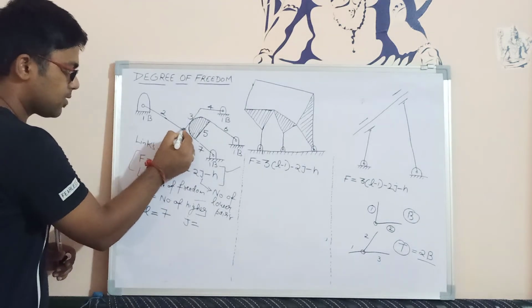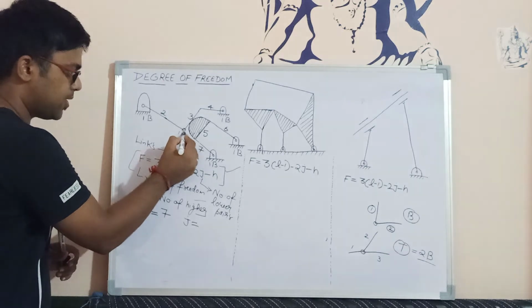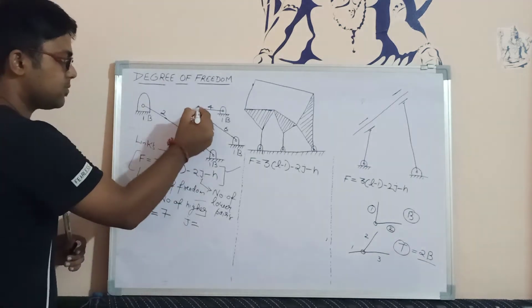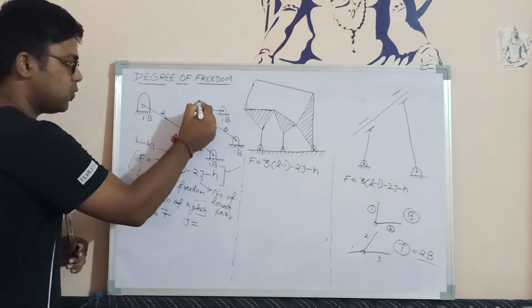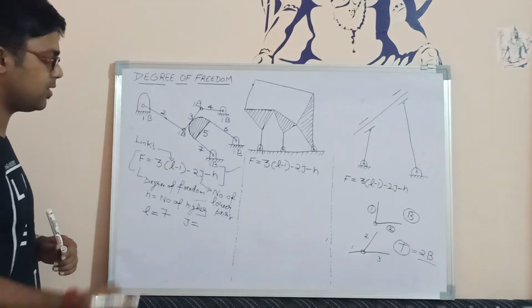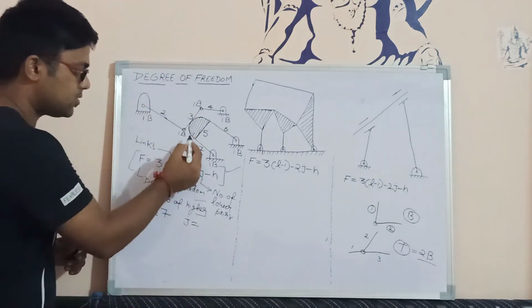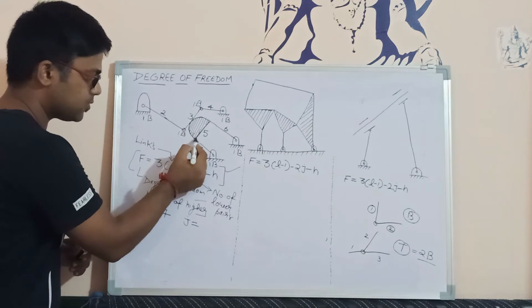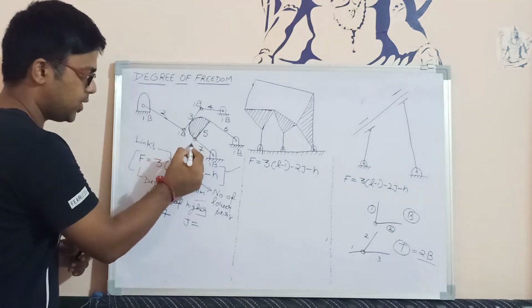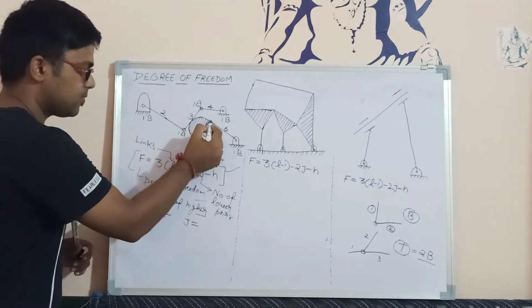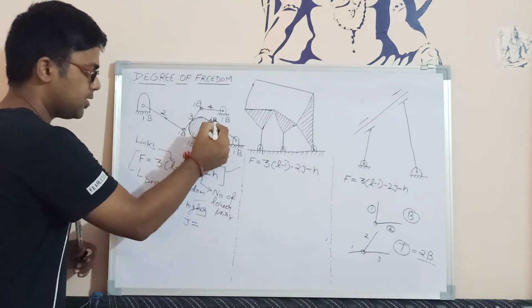For this again is a binary joint, 5th one, 6th one. After that, this is entirely behaving like one link, so this is again a joint, 7th one, and this is again a single joint, 8th one.